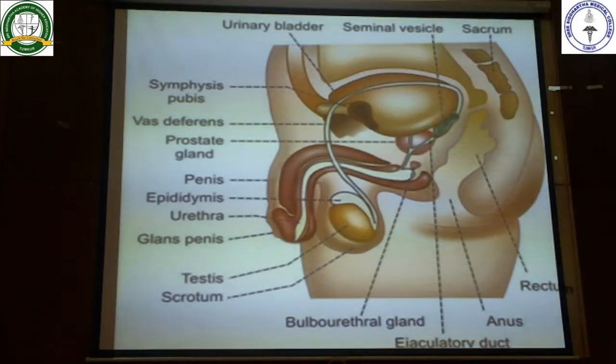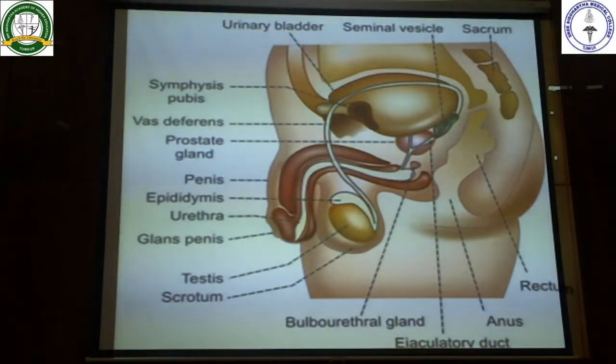The epididymis continues downwards. You have the head, the body and the tail. The tail portion continues as vas deferens, ascends upwards, enters the abdominal cavity through the inguinal canal, goes and joins with the duct of the seminal vesicle of the same side to form the ejaculatory duct and drains into the urethra.